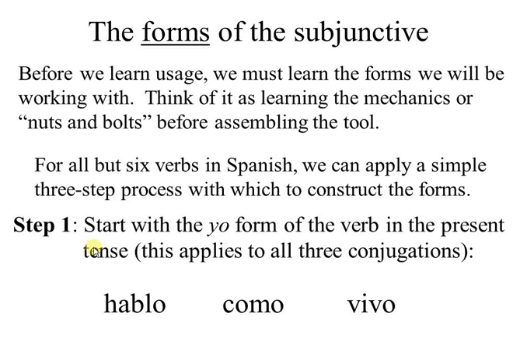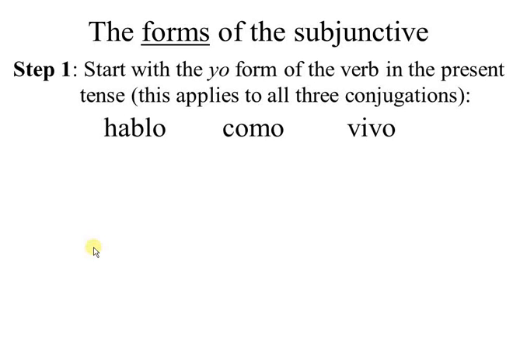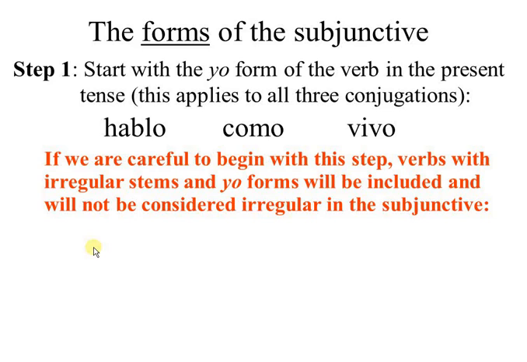And that applies for all 3 conjugations, AR, ER, and IR. So, let's see. Hablo, como, vivo. If we are careful to begin with this step, verbs with irregular stems and yo forms will be included and will not be considered irregular in the subjunctive.